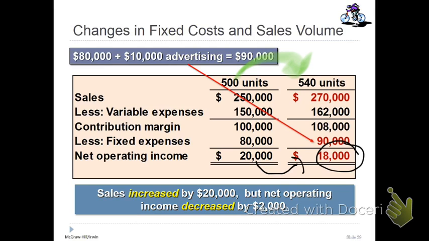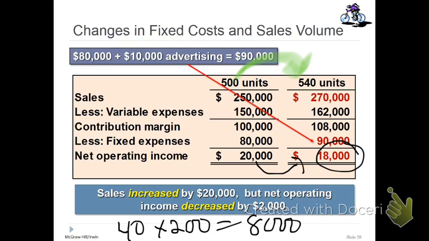Now, I could predict this early on. Okay? I am going to sell 40 more bikes. Each bike is going to generate for me $200 in contribution margin. Those additional sales are only going to allow me to increase my contribution margin by 8 grand.